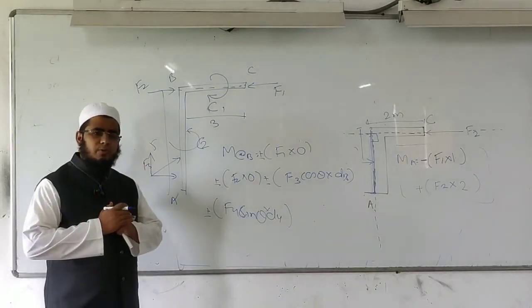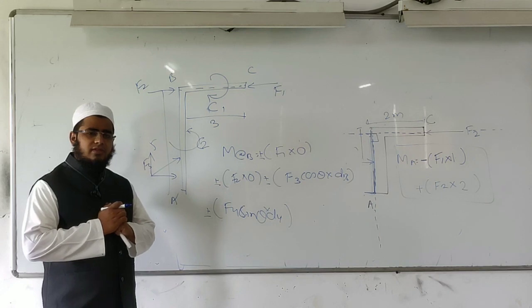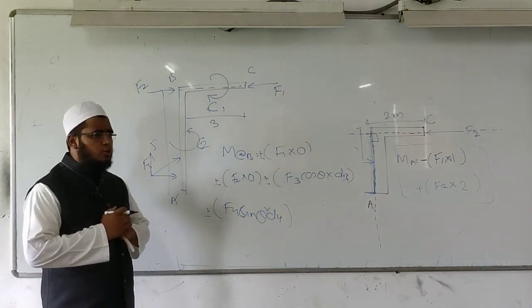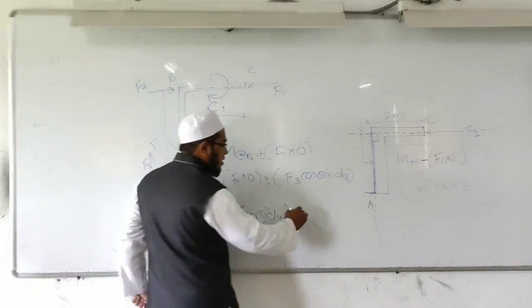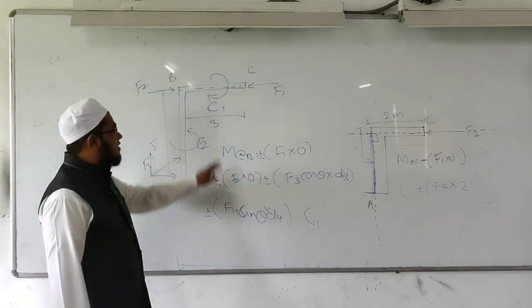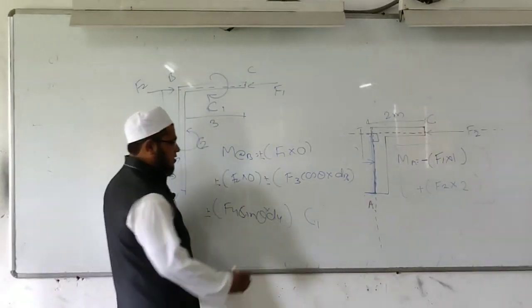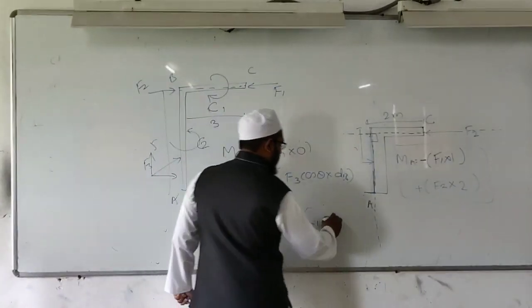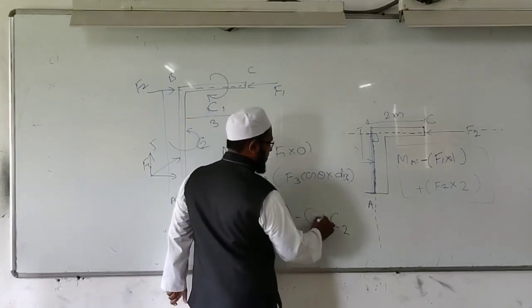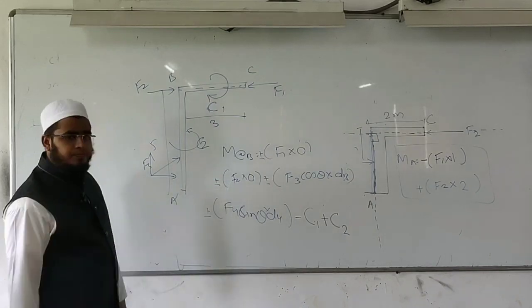When two unlike parallel forces are acting on the object separated by a finite distance, they form a couple. So directly the magnitude of the couple we have to consider in the moment calculation. C1 is clockwise, therefore it is negative. Then C2 is anti-clockwise, so I will consider it as positive.